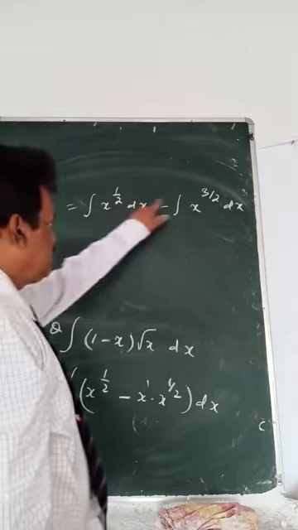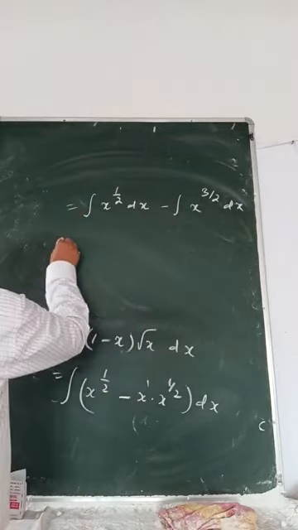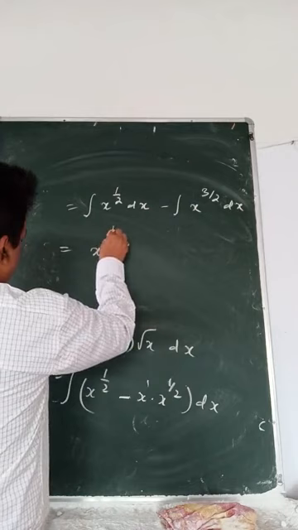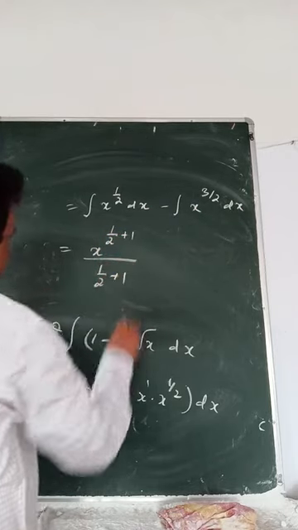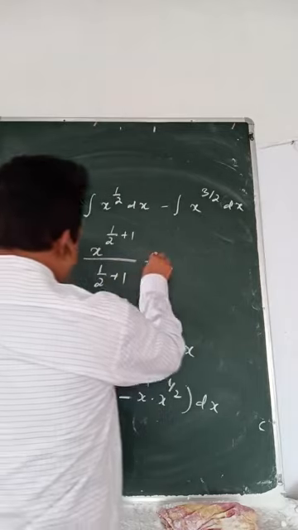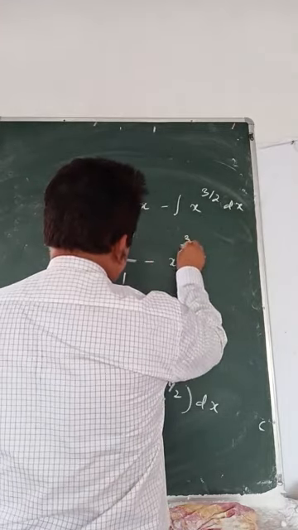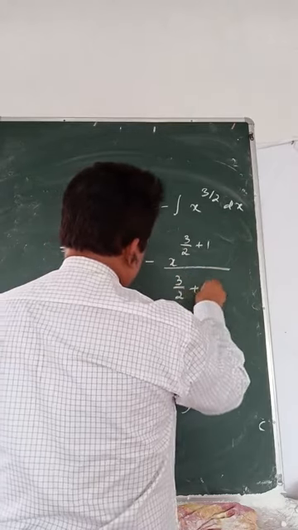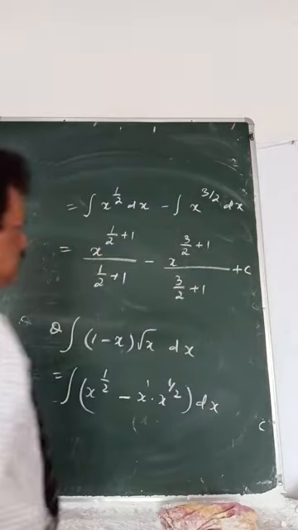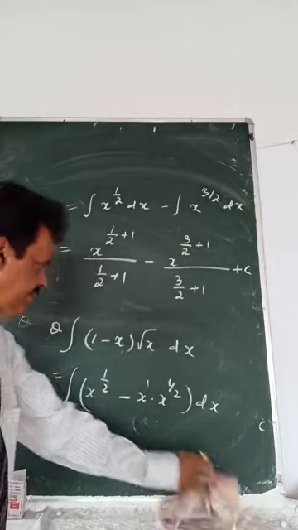So now you can use the nth formula. So x to the power half plus 1 by half plus 1, minus x to the power 3 by 2 plus 1 by 3 by 2 plus 1, then a constant. Okay, simplify it.